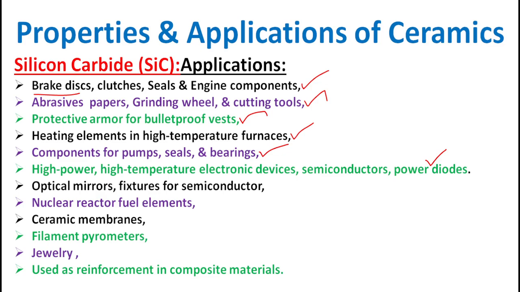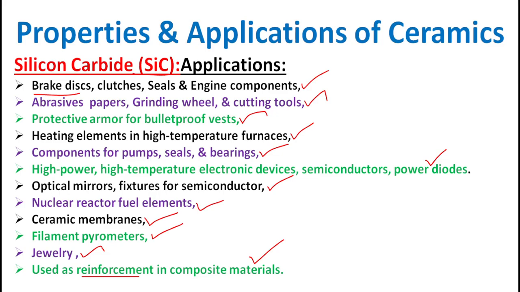Also optical mirrors, fixtures for semiconductors, nuclear reactor fuel elements, ceramic membranes, filament pyrometers, and jewelry manufacturing process equipment. It is also used as a reinforcement material in composite materials. These are the properties and applications of silicon carbide.